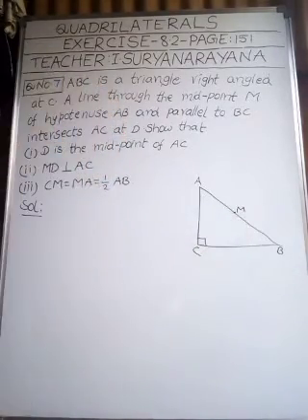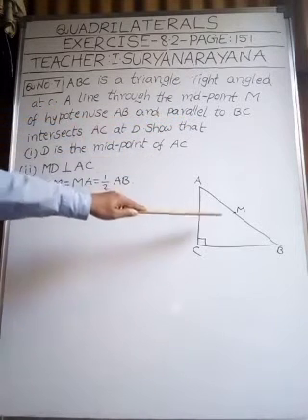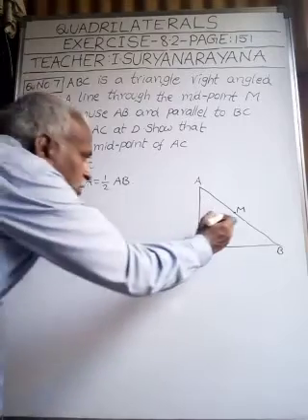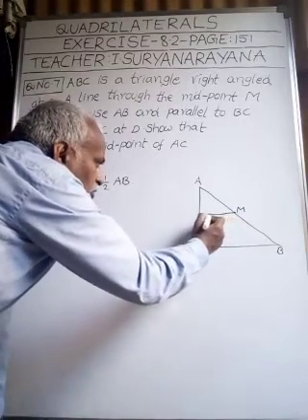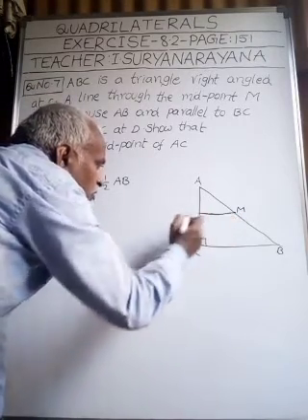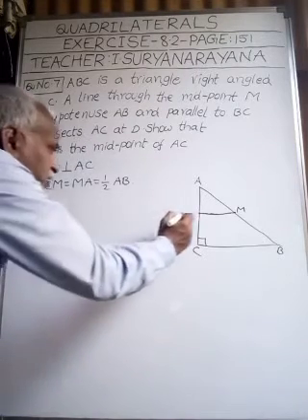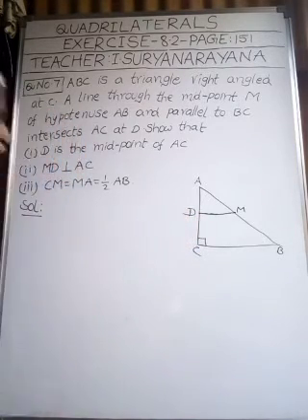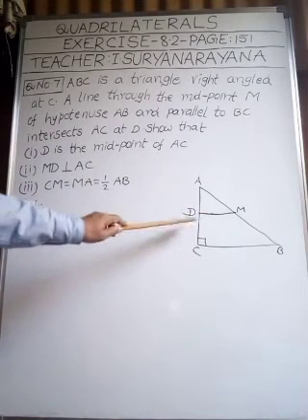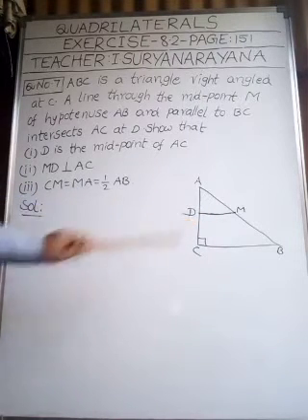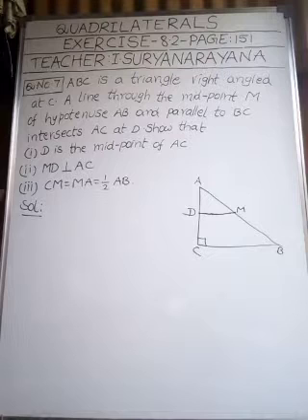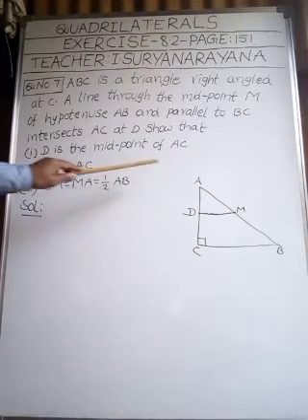And a parallel line is drawn to BC through this M. Okay, my children. It is intersecting AC at D. This parallel line is intersecting the line segment AC at D. Then we have to prove that D is the midpoint of AC.